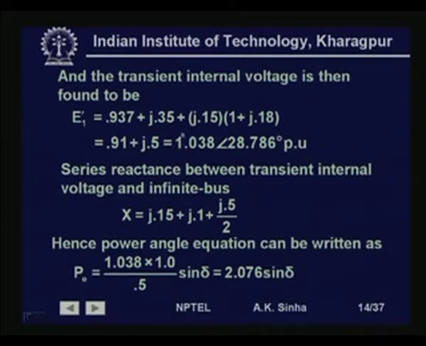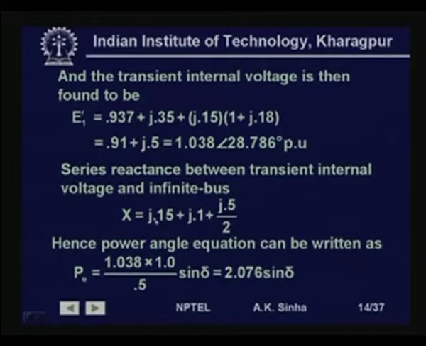So, now this is the voltage behind the transient reactance of the machine, and what is the total transfer reactance between this voltage and the infinite bus?